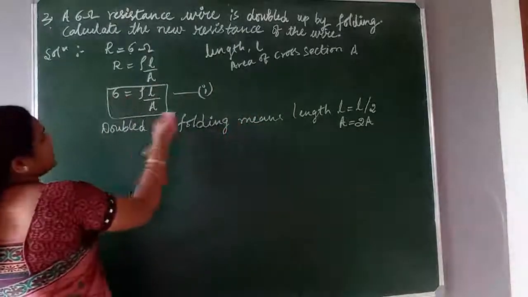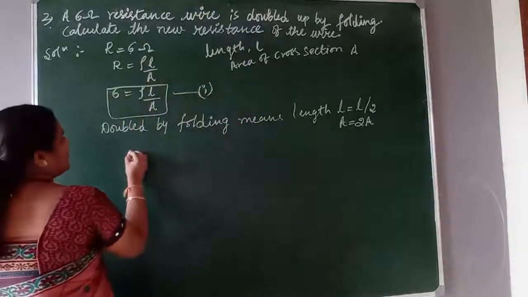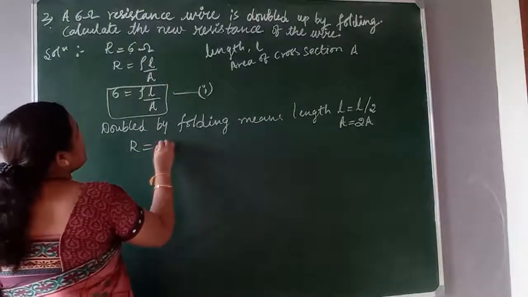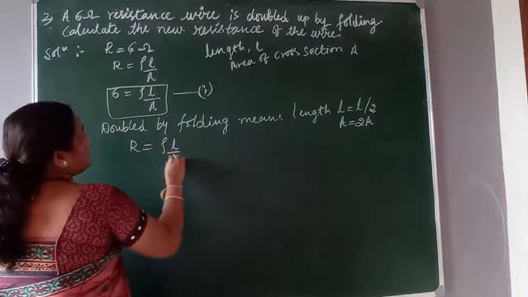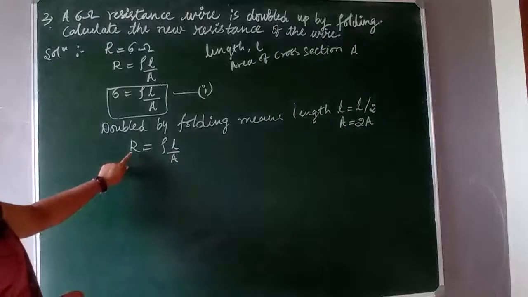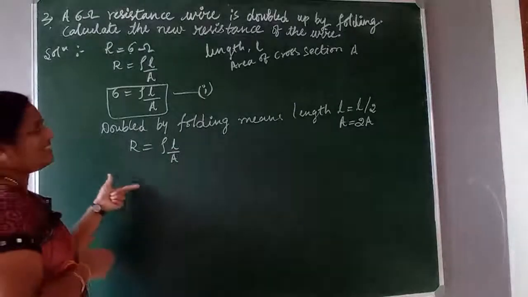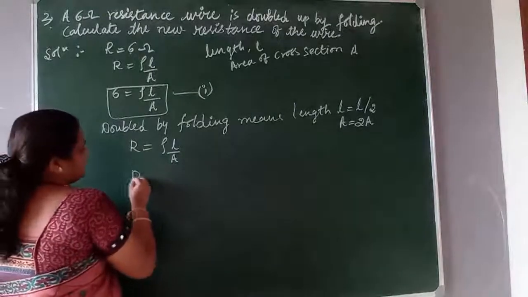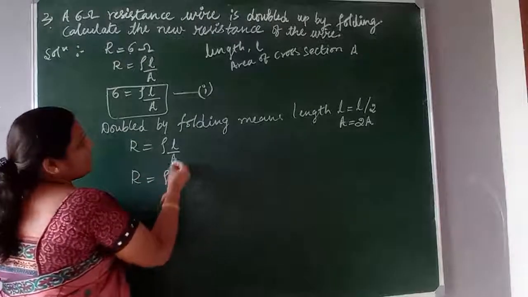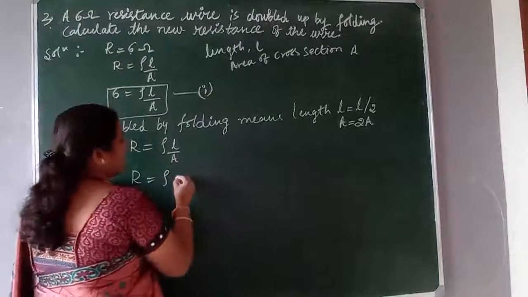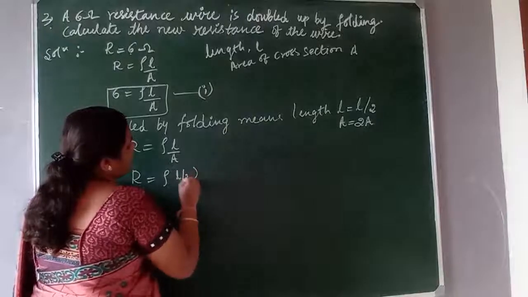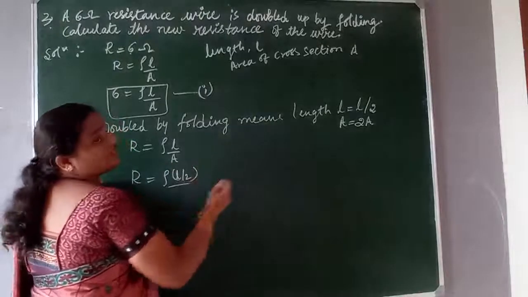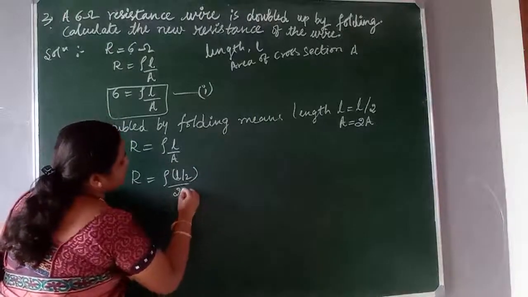Now substitute these again in the first formula, that is R is equal to rho into L divided by A, isn't it, children? We need to calculate R here. So keep R as it is, and rho also keep as it is. And what is the new length value? L by 2 divided by, what is the new cross section? That is 2A.